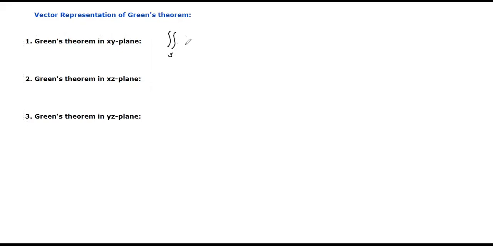Surface integral over S curl f bar dot, on the xy plane, what is the normal vector? k bar. ds, what will be ds? dy dx, equal to integral over C. You have only the first and second terms, f1 dx plus f2 dy, which is nothing but integral over C f bar dot dr bar. I may write it as Sxy to say that the surface is on the xy plane.